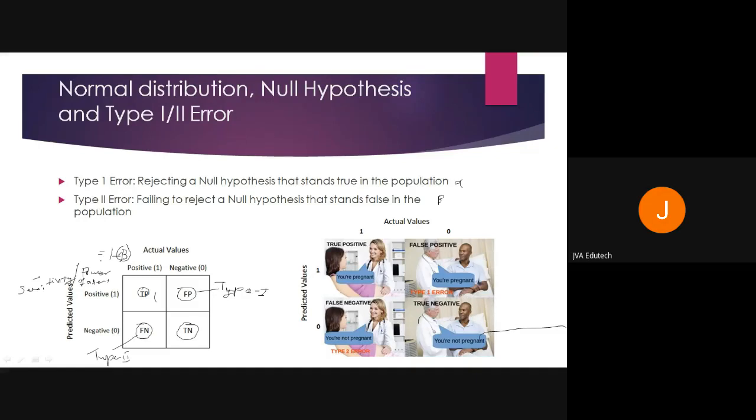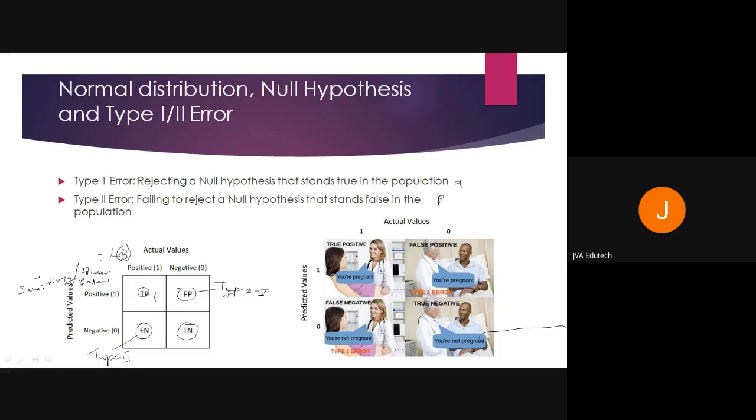So always make a confusion matrix of your test because you will be having two concepts. One is your null hypothesis, one is your alternate hypothesis. Just make a confusion matrix of true positive, false negative, and true negative, and see whether after doing the hypothesis test, you are landing either in false positive zone or false negative zone.